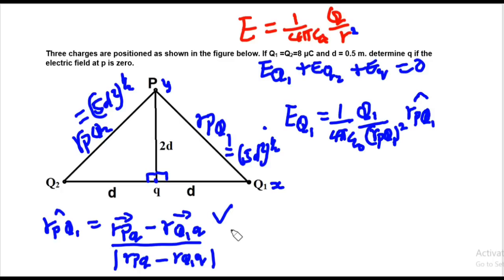RPQ is 2D, and the direction is along the y-axis, so 2D j, minus RQ1Q, which is D, and the direction is i. Upon the magnitude of RPQ minus RQ1Q.